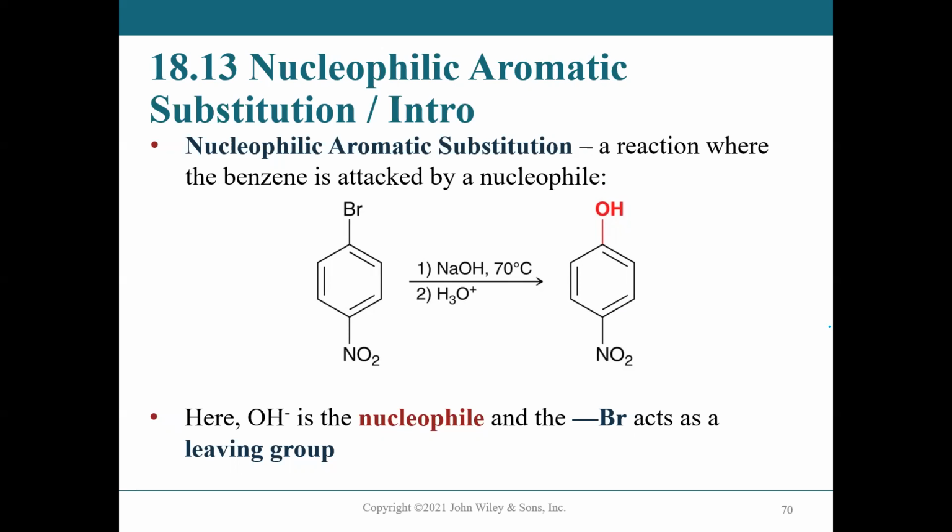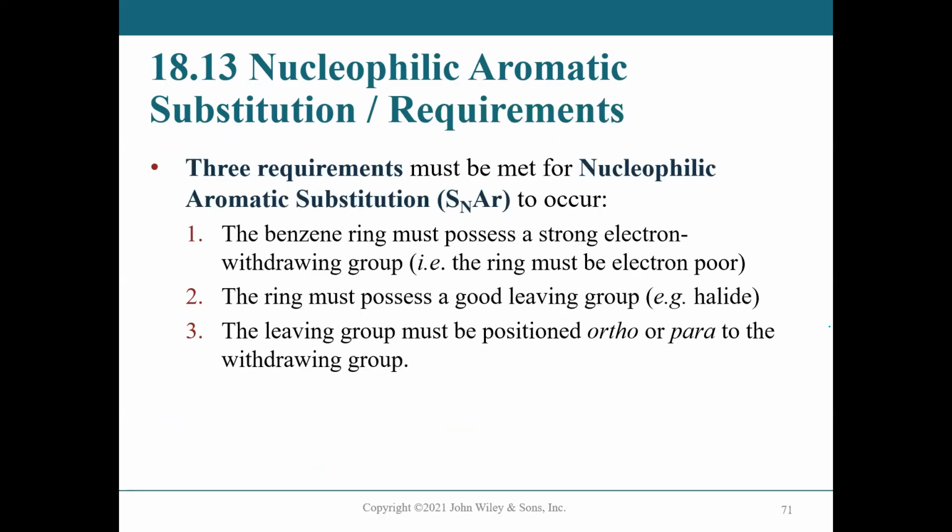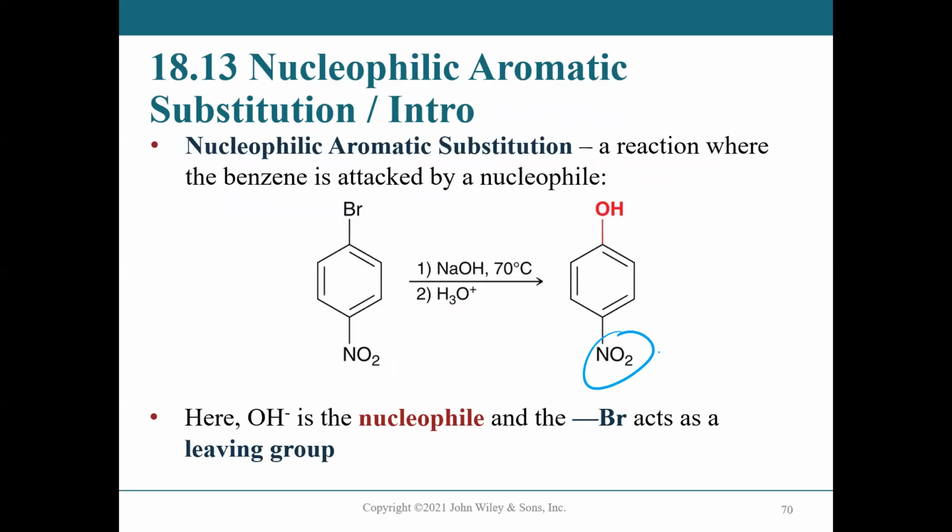For a reaction like this to occur, there have to be 3 criteria. One, the ring must contain a powerful electron withdrawing group. And where's our powerful electron withdrawing group? It's right here.